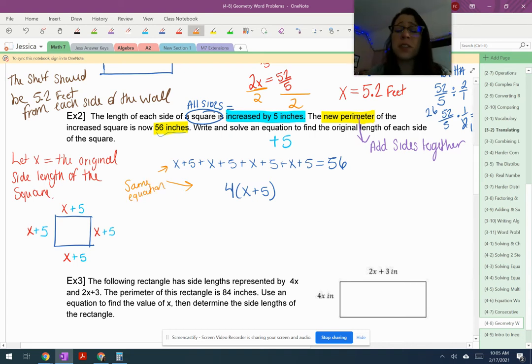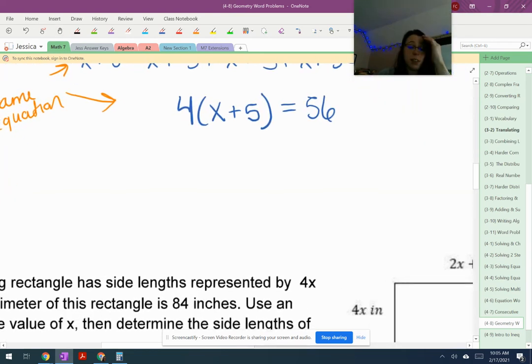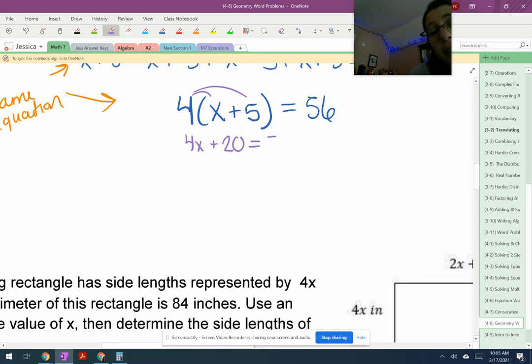And it's important to realize that because you can set this up in different ways. If we bring down the equals 56, now in this equation that we've got to solve, this is a two-step equation that has some distribution involved. So first things first, I'm going to distribute that 4 to both pieces, leaving me with 4x plus 20 is equal to 56.